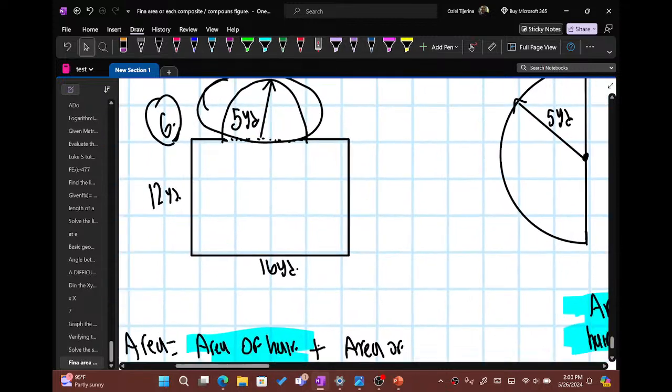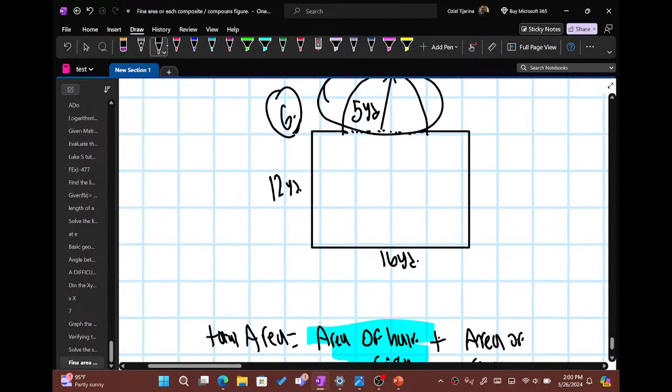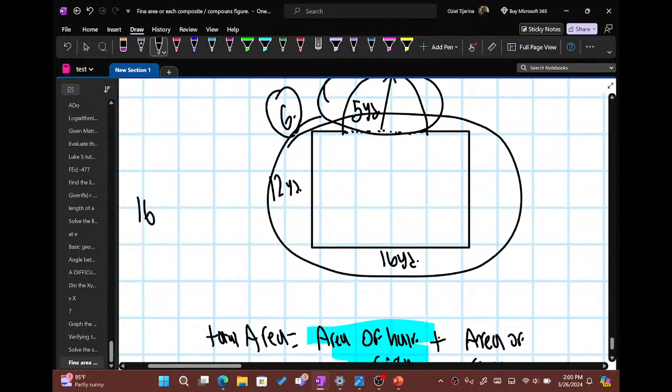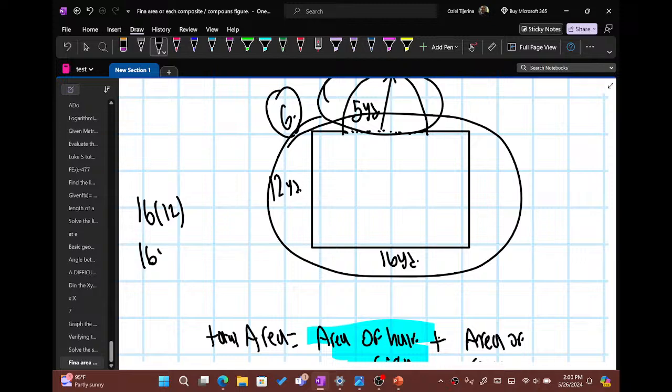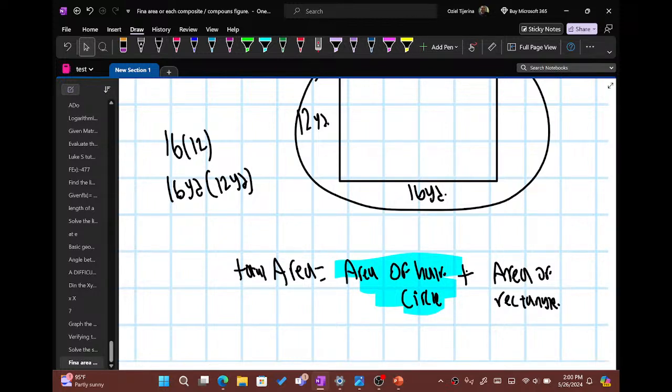The area of the rectangle is 16 times 12, which is 16 yards times 12 yards, which is 192 yards squared.